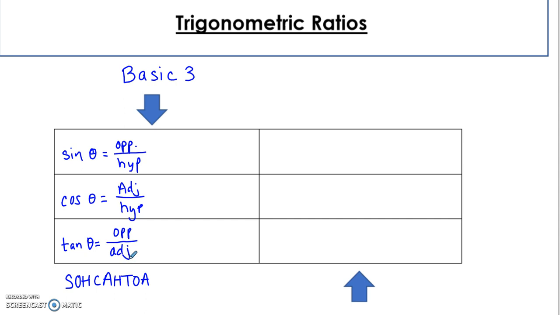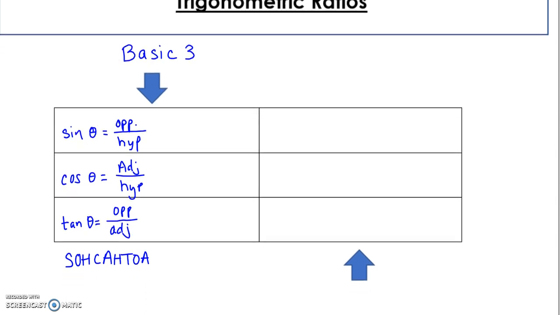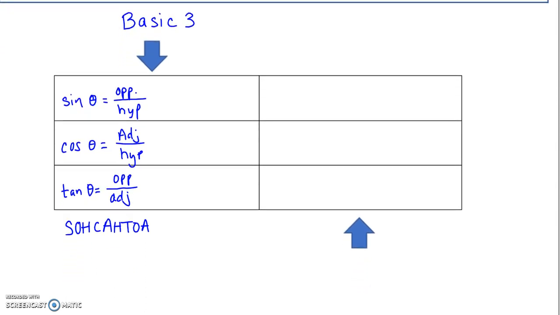All right, so when we're looking at the trig ratios that we're going to add in here to make it a complete 6, we're going to be looking at their reciprocal functions. And these are beneficial when we start looking later on at trig identities and we have to start solving equations.